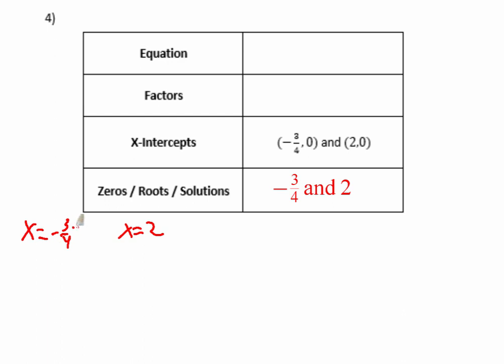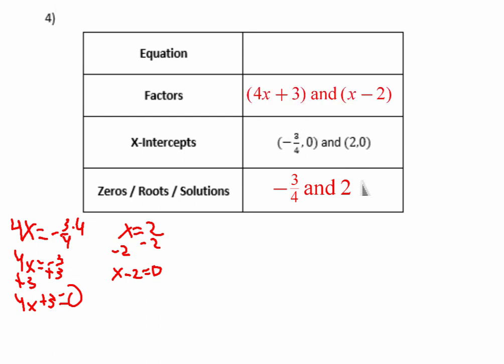So for this one, I'm going to start by multiplying by 4 so that I get 4x equals negative 3. Then I'm going to add 3. So I get 4x plus 3 equals 0. So that 4x plus 3, that's going to be one of my factors. And on this one, I just need to subtract 2 so that now I have x minus 2 equals 0. So that's my other factor. So my factors end up being 4x plus 3 and x minus 2.